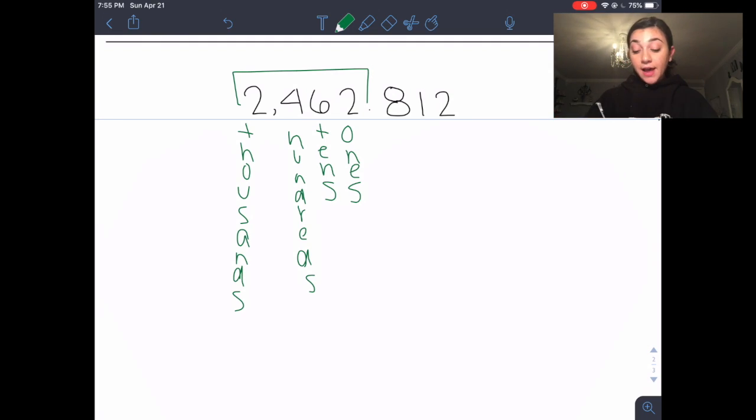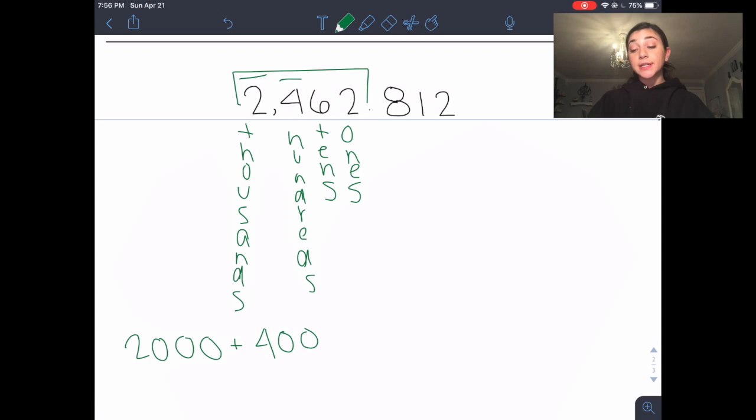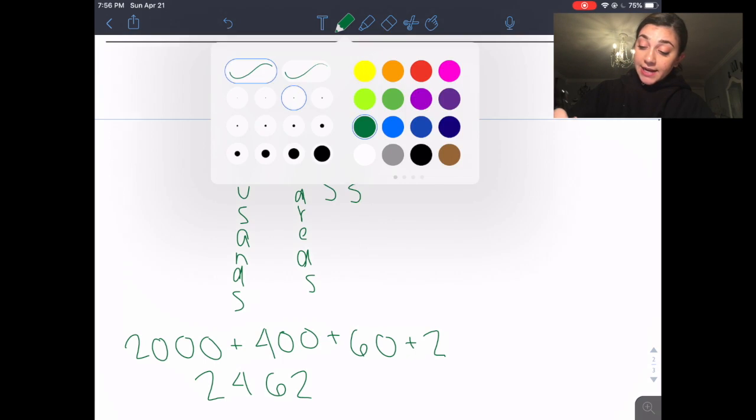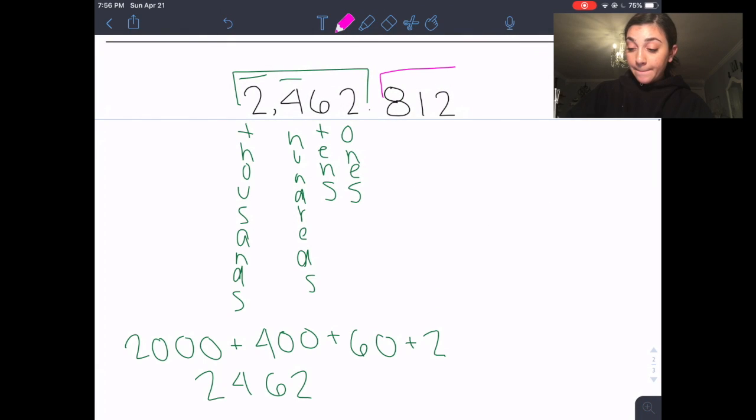So 2 times 1,000 is 2,000, 4 times 100 is 400, so we're going to add 400 to 2,000, 6 times 10 is 60, and 2 times 1 is 2, which gets us 2,462.